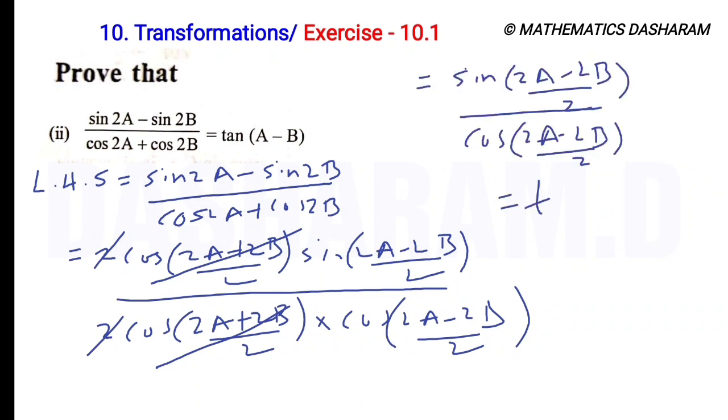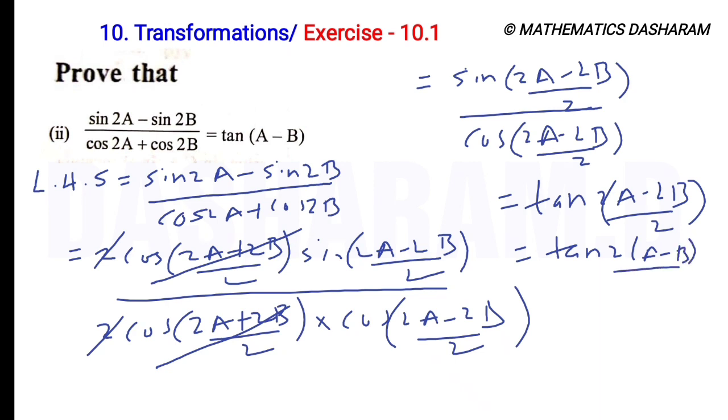So it is exactly equal to tan((2a - 2b)/2). And here we can take the 2 common, so the 2 cancels. So tan(a - b), which equals RHS.